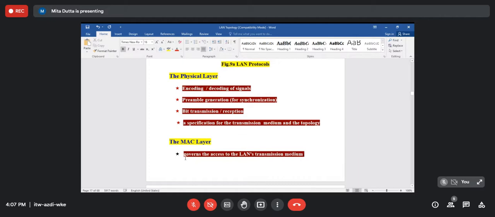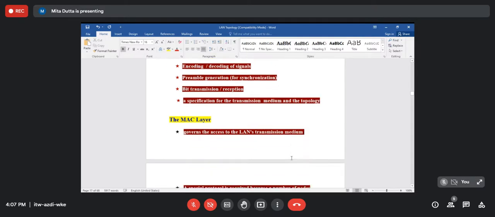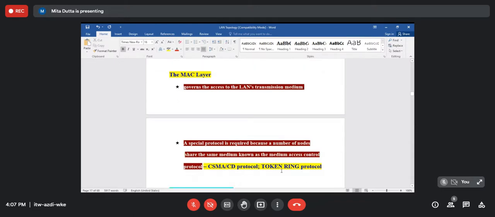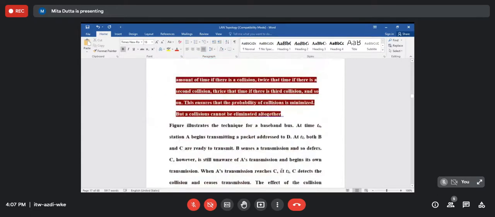That is why it governs the access to the LAN's transmission medium. For this, it uses protocols known as CSMA/CD, token ring, round robin, token bus, and so many protocols. Now come to the CSMA/CD protocol.